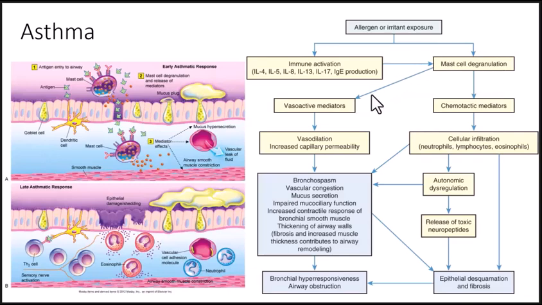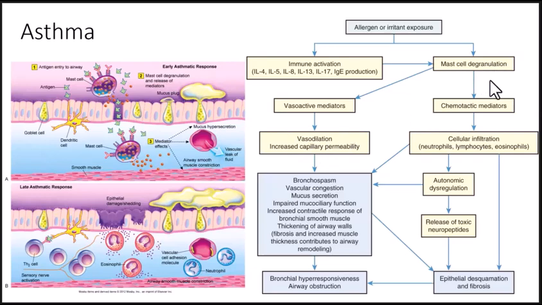One is it's going to release what are called vasoactive mediators, and these vasoactive mediators are contributing to an increase in fluid production in the area by dilating vessels and increasing capillary permeability. So this will allow fluid to leave the vessels, and vasodilation will promote blood flow to the area.